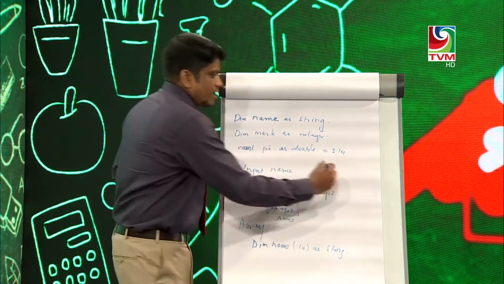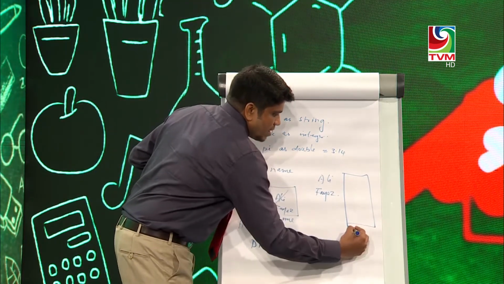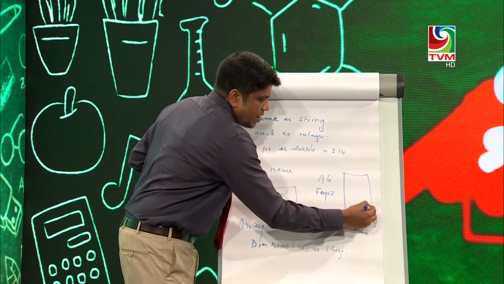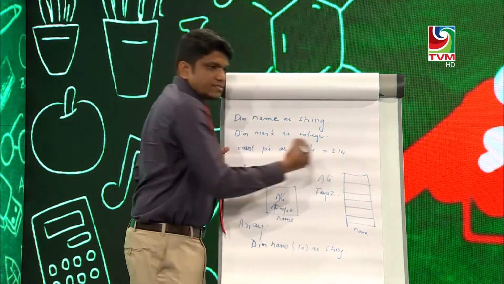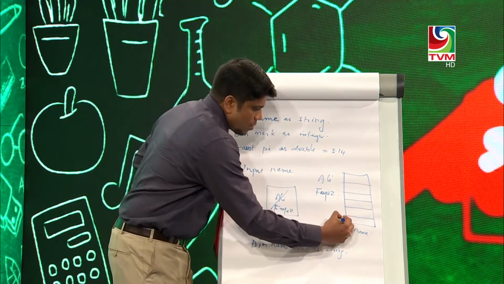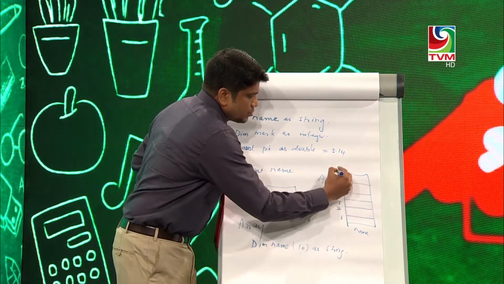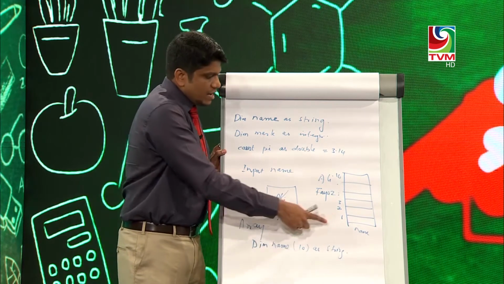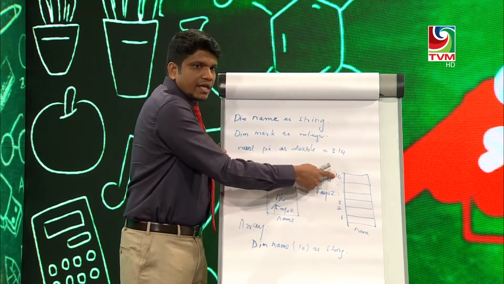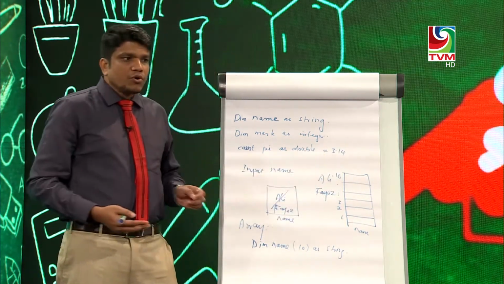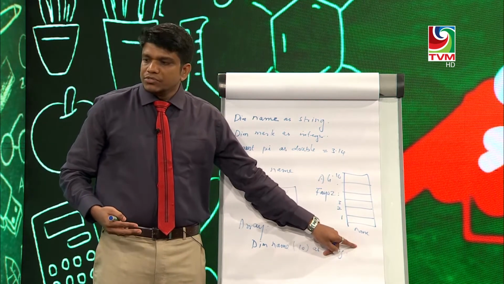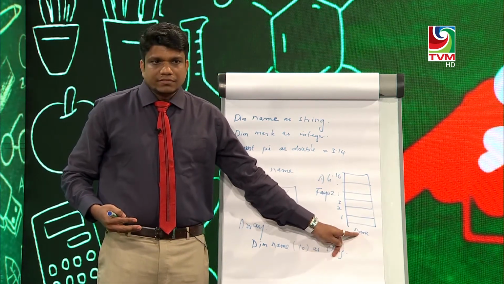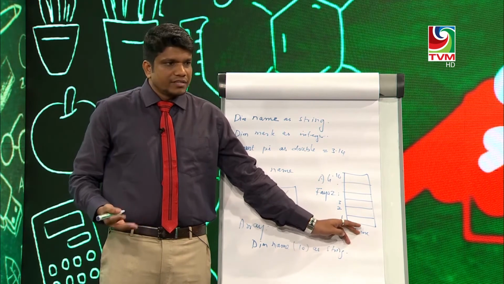It will be divided into different partitions and indexed 1, 2, 3 up to 10. Why 10? Because I declared 10. That means we will be able to store 10 names by using a single variable. I hope you understand that.